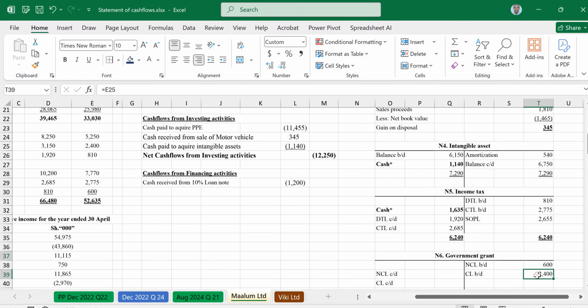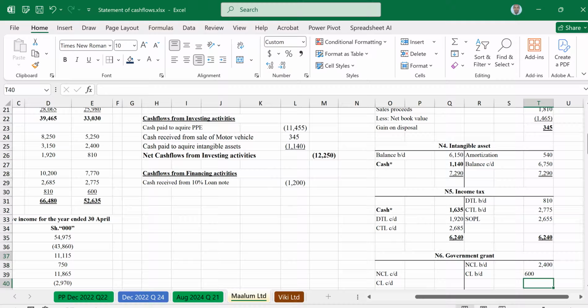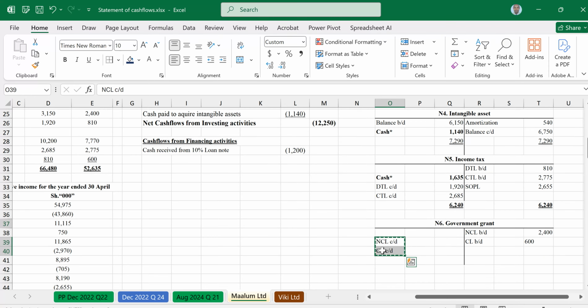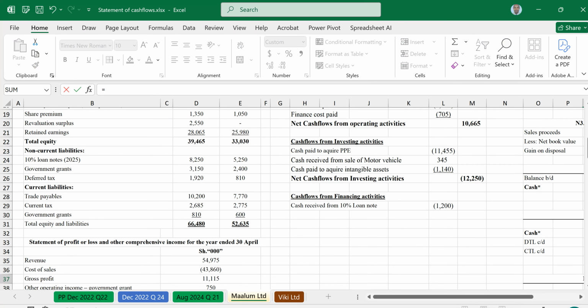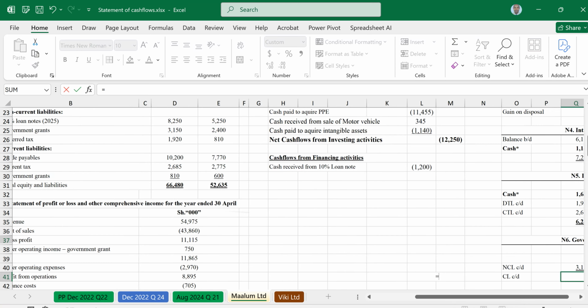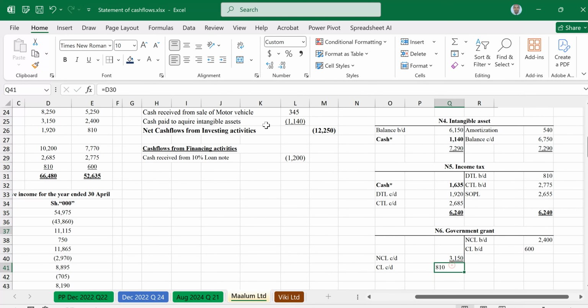I've interchanged this. Then current liability is now the 600. Then the other side, this could move down a bit. So the brought down is 3,150. Then the carried down is the 810, on the far end. So that is government grant.